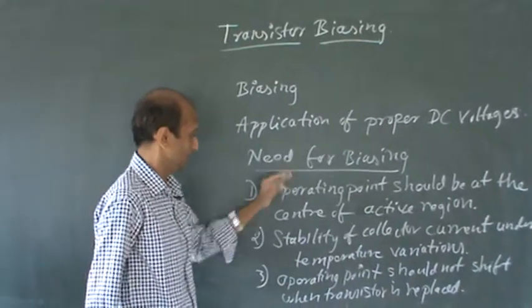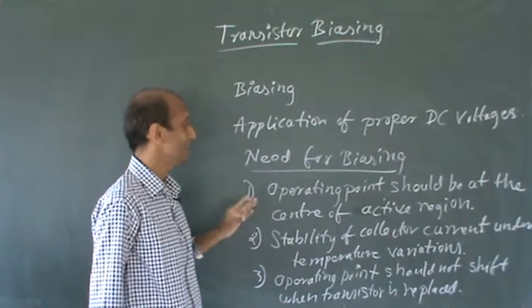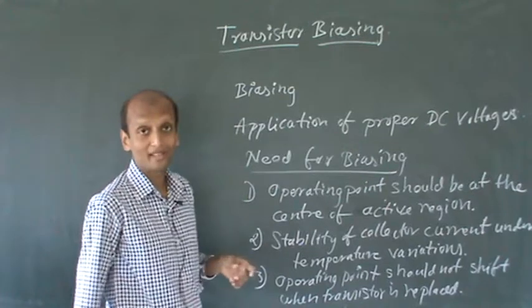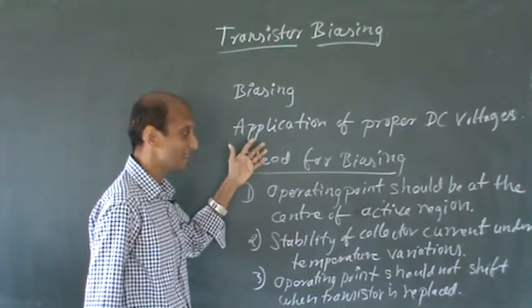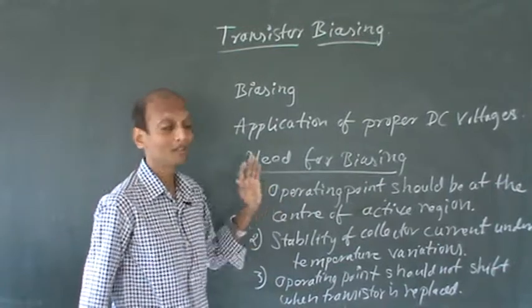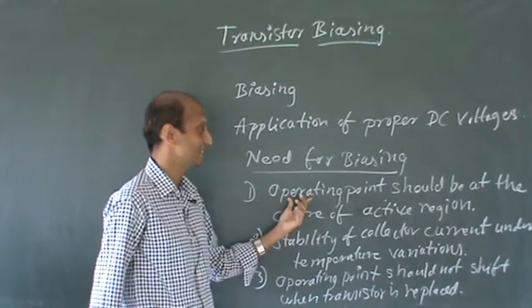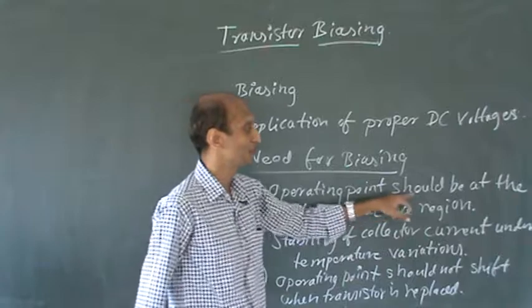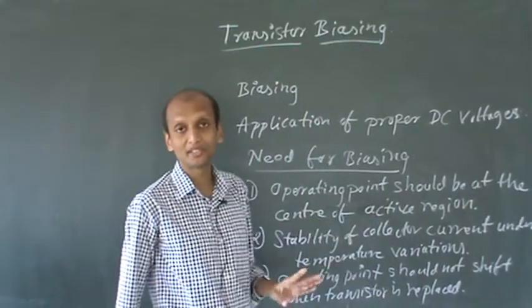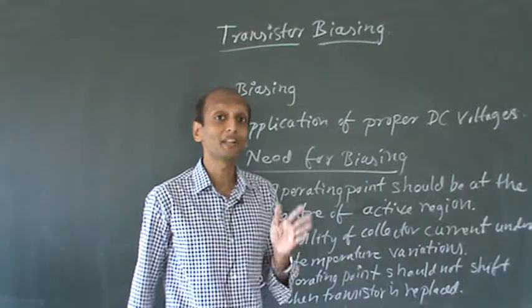Here are 3 points for the need for biasing. So what is the need for biasing? We have written 3 important points. The first thing is that the operating point should be at the center of the active region. We have learned about the active region.